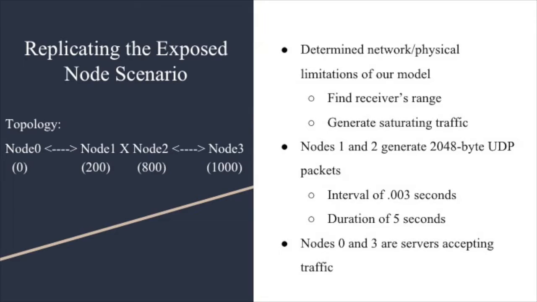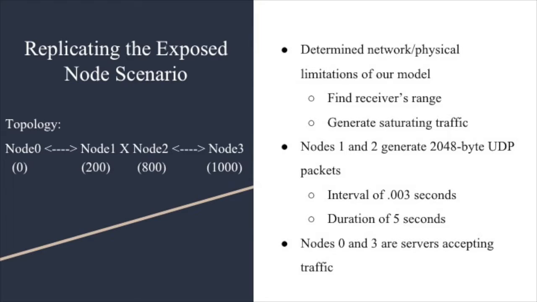In its most basic form, we are assuming that these nodes are in a linear fashion, so they only have x coordinates, and based off of our physical constraints defined previously, these constants ended up being 0, 200, 800, and 1,000. So what this means is that node 1 and node 2 can hear each other. They are 600 distance units apart, and node 0 is out of range of node 2, and node 3 is out of range of node 1.